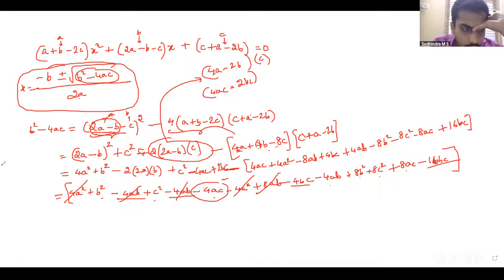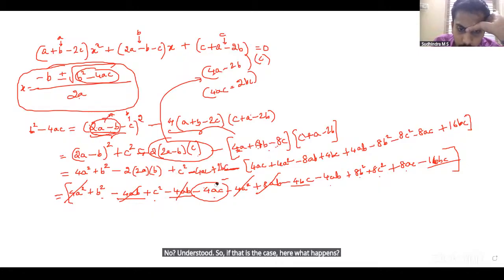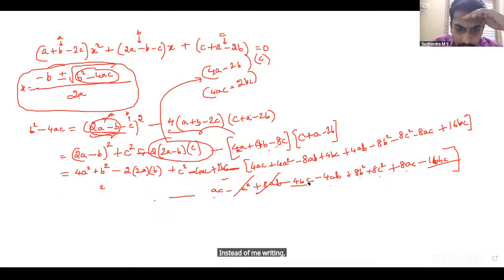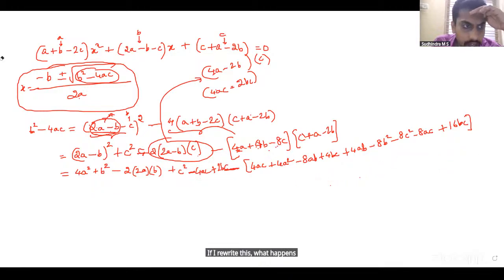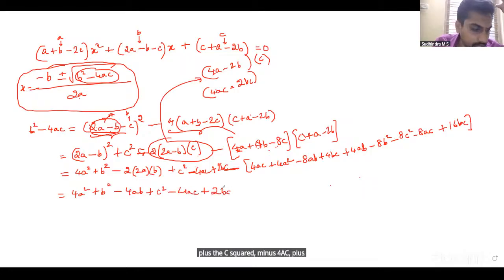No? Understood? So, if that is the case, here what happens? Instead of me writing, I'll rewrite this better. If I rewrite this, what happens? I get 4a square plus b square minus 4ab plus c square minus 4ac plus 2bc. Correct?